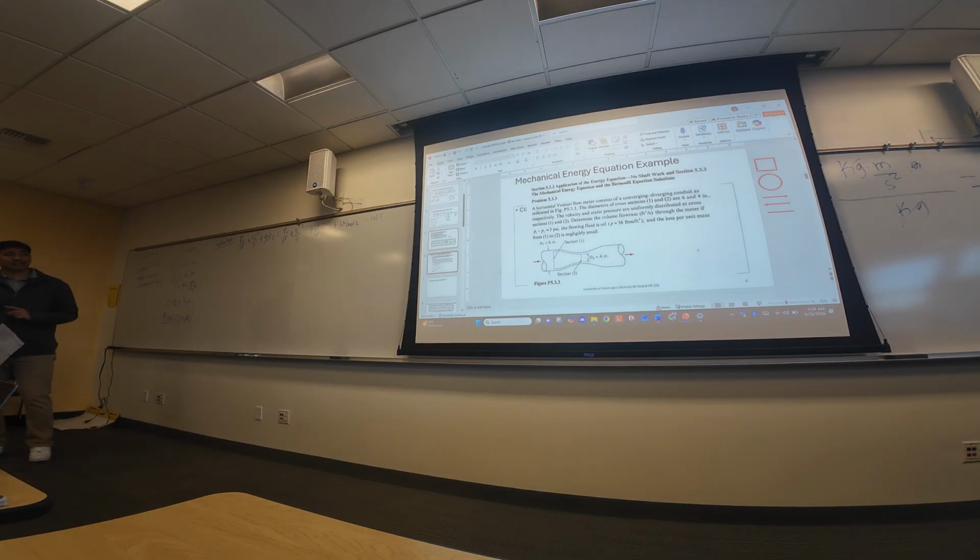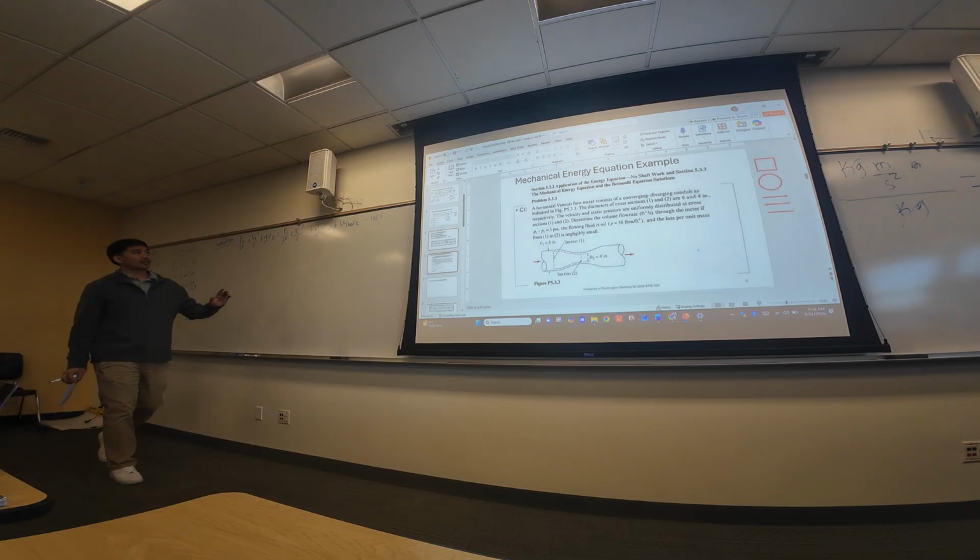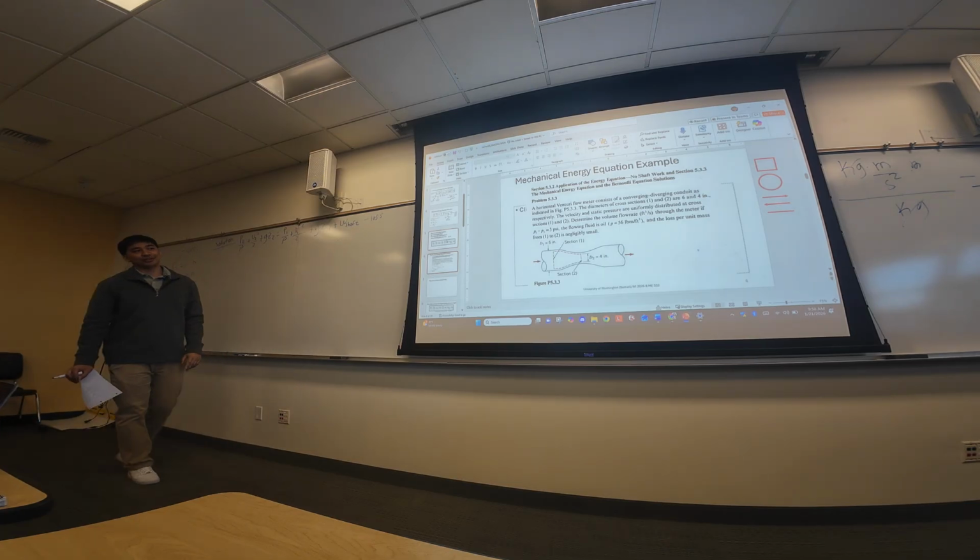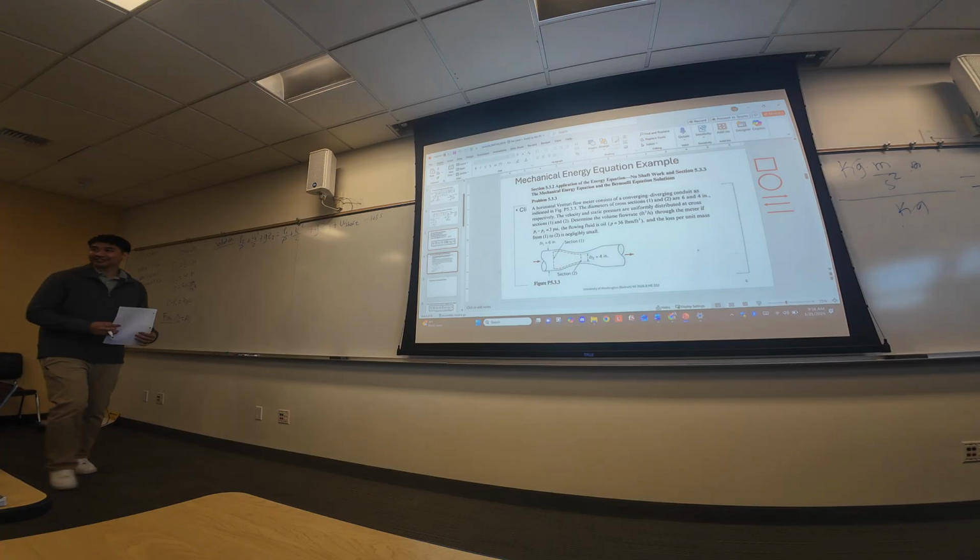So, like I said, the full equation has this work shaft. We don't have a shaft here, so that's 0. Okay?